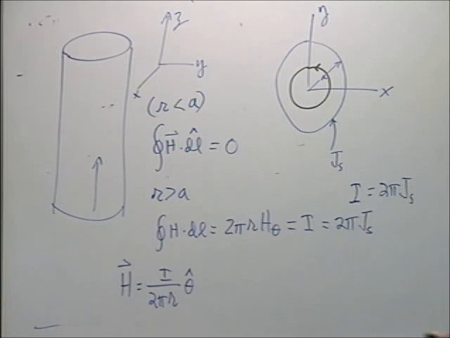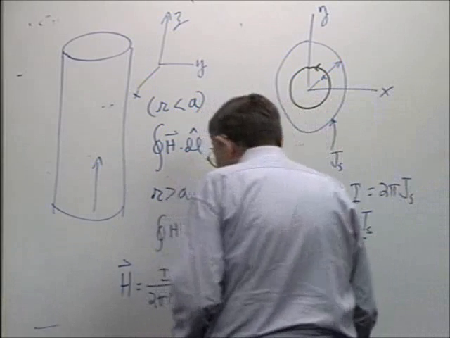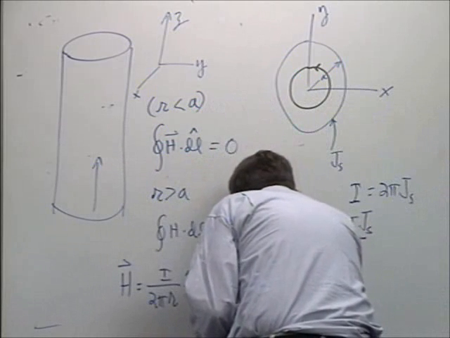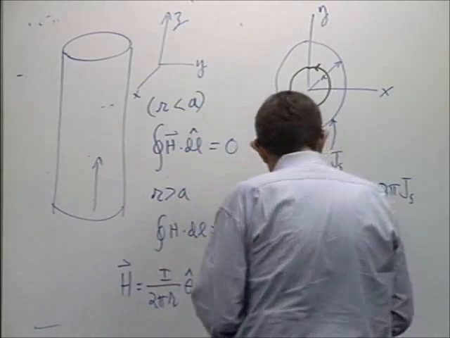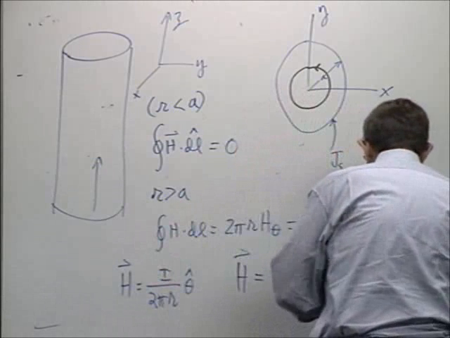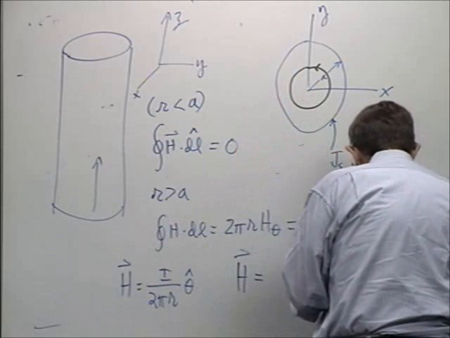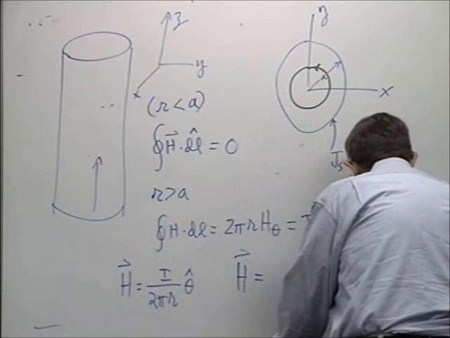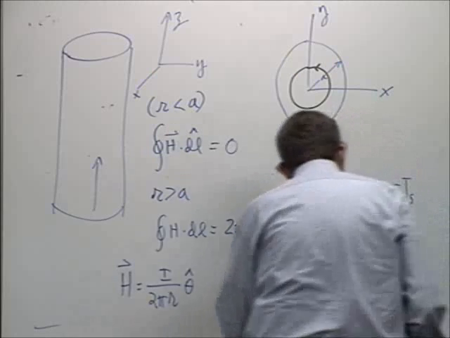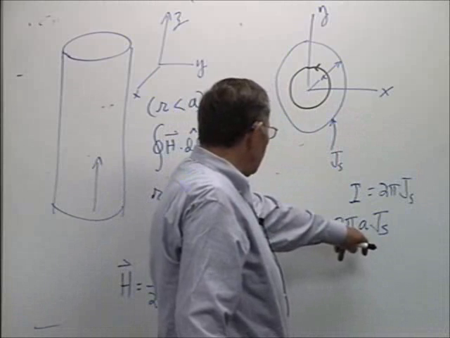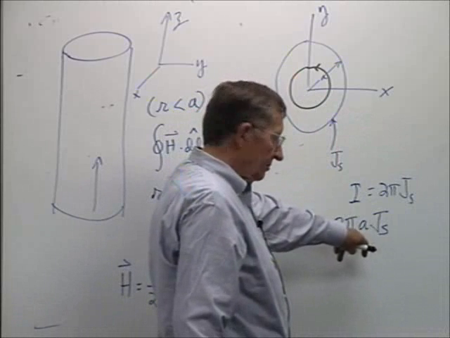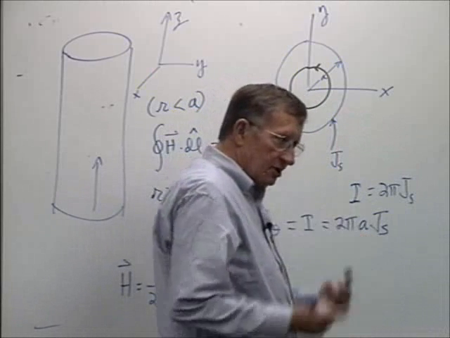You've got to be careful, because if you get a problem in terms of current density, the 2 pi's would cancel. Then it's 2 pi a JS, because when you do the surface current density, you have to do the angle and the radius to get the total.